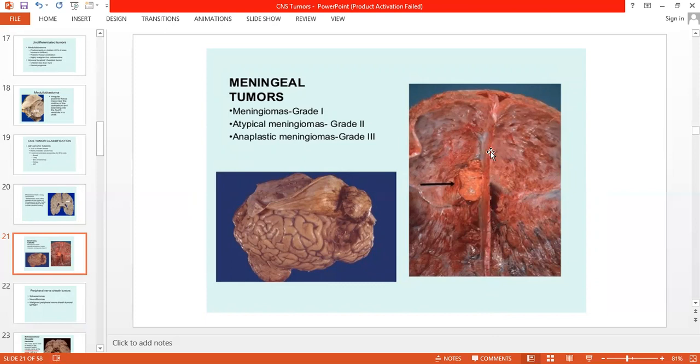We have two partitions within the brain. One is the tentorium and the other one is the falx. They are classified as either falx or skull base, like in this case.